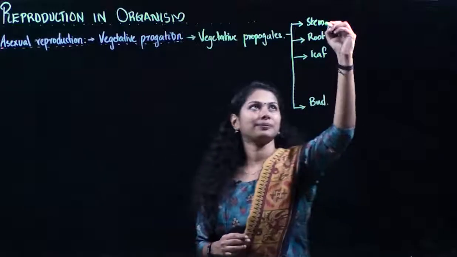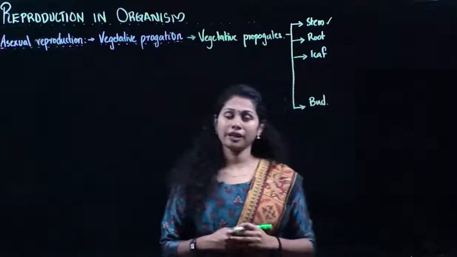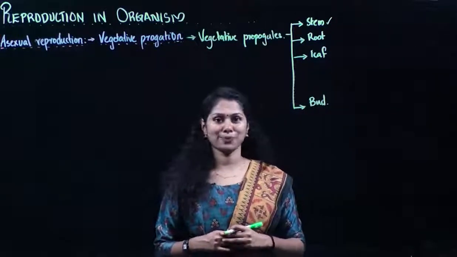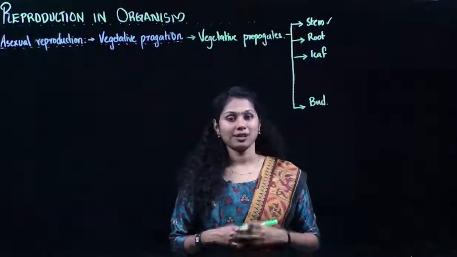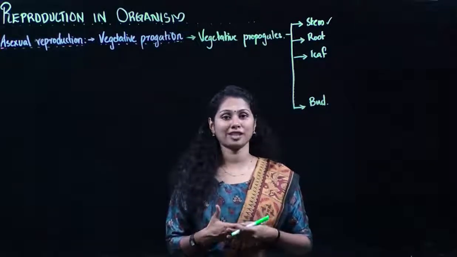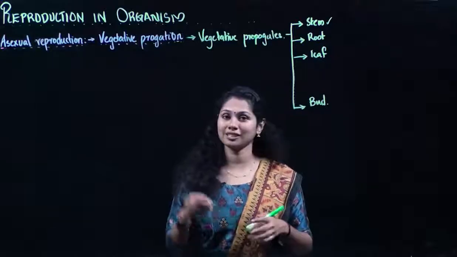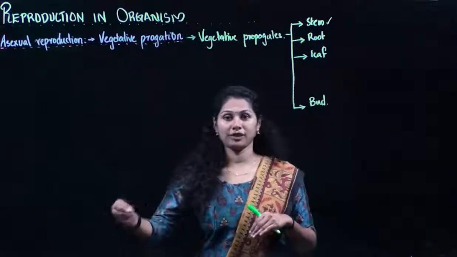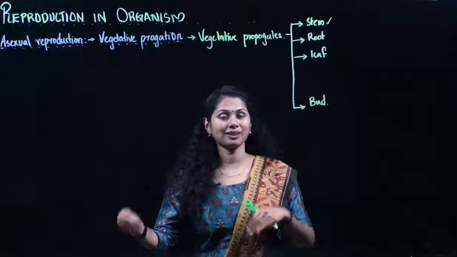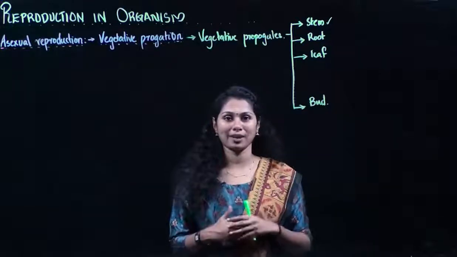First of all, stem. We already know that stems help in vegetative propagation in many plants. Normal stems without any modification, as we see in the rose plant, when we cut it down and plant it in another pot, will grow into a new plant body.